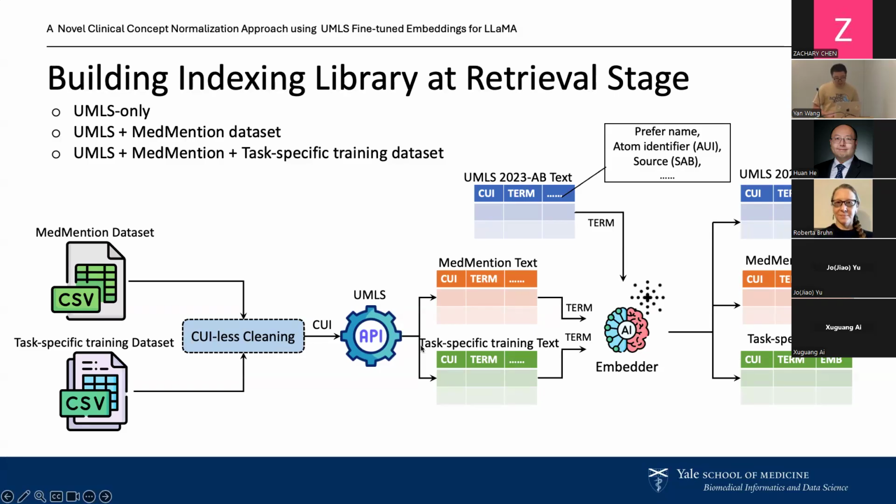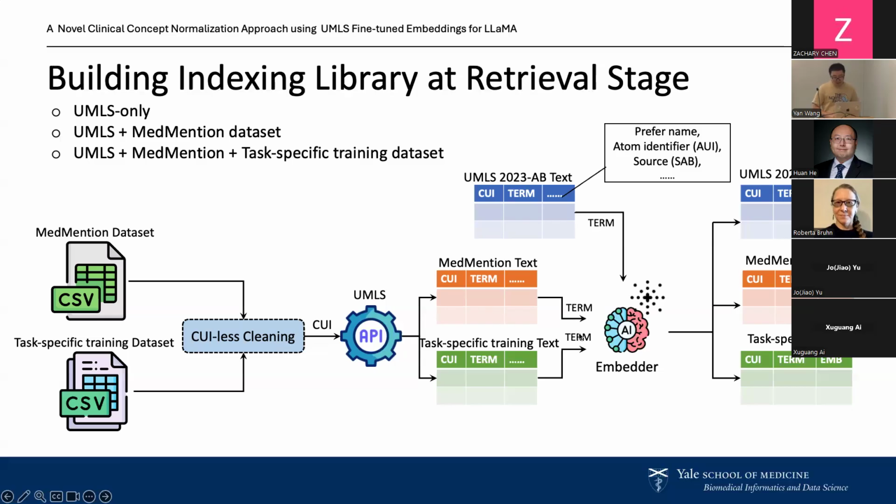Next, we use the annotated CUI to search for specific concept information, such as preferred name, AUI, SAB, and other relevant details via the UMLS API, and use that to construct the text index.